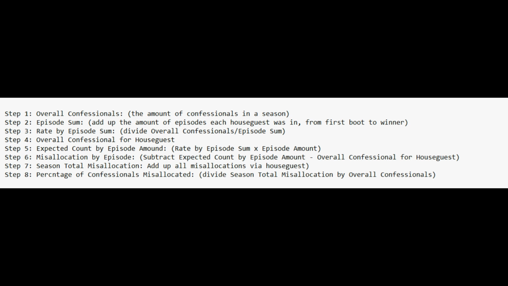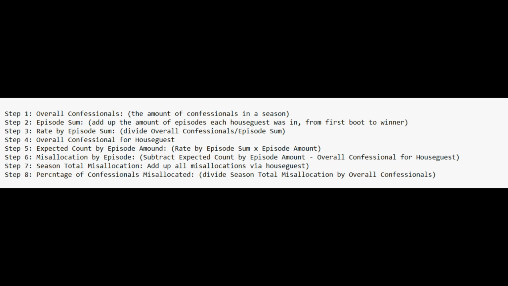I'm going to determine this by dividing the overall confessionals in a season by the episode sum to come up with the rate by episode sum, which would be the average that every contestant needs in every episode for an even edit. So the overall confessionals, episode sum, and the rate by episode sum are the three main components of this. And that's just for this first part.